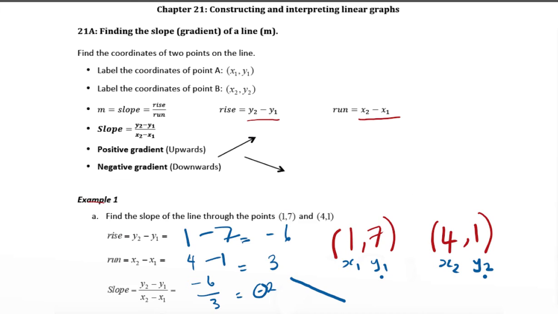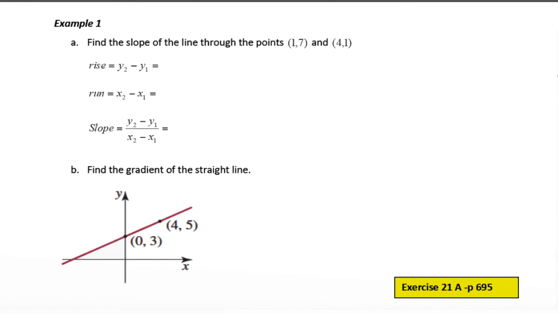Okay, so that's finding a gradient given 2 points. With the last example that you've got in your book, it says finding the gradient of a straight line. So now we're looking at part B over here, where we have to find the gradient of a straight line.